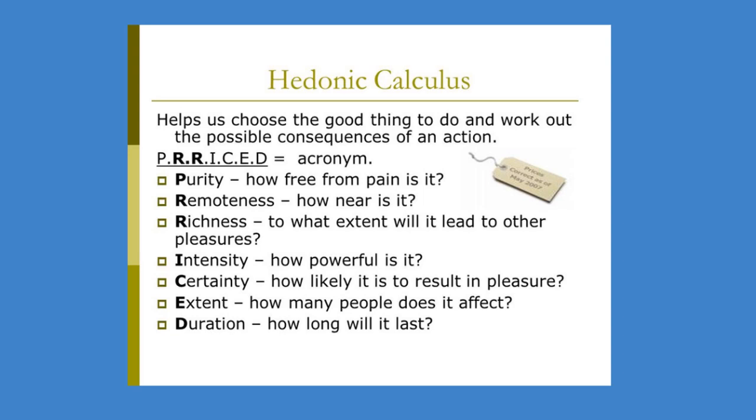Next is richness: to what extent will it lead to other pleasure? And then intensity: how powerful is it? Certainty refers to how likely it is to result in pleasure. The extent is how many people it affects. And the last one is the duration: how long will it last?